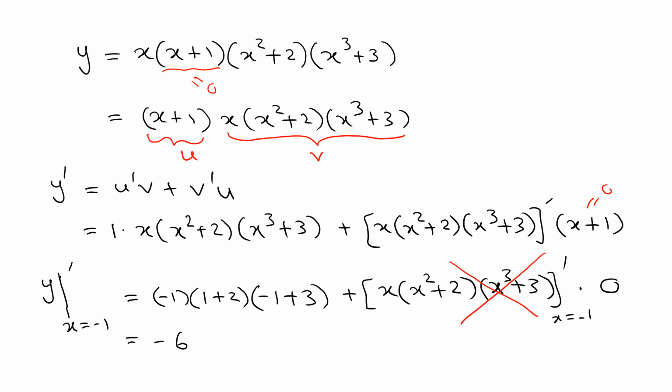Now we're going to find the y value. To find the equation of the tangent line, we find the corresponding y value at x equal -1. Because of the x plus 1 factor, this is going to be 0. That's the y naught value.